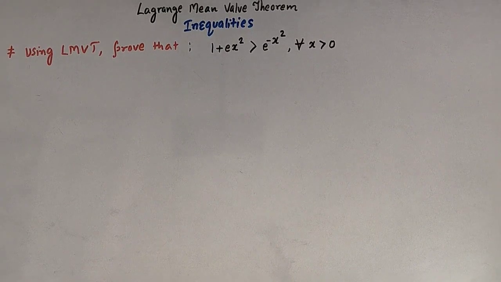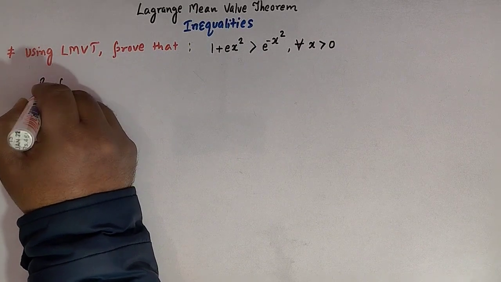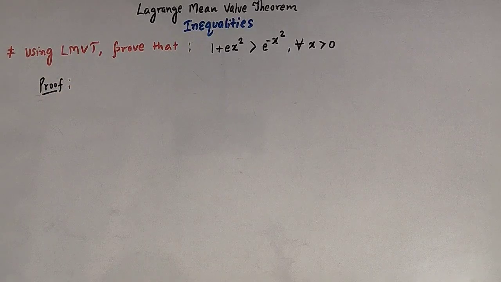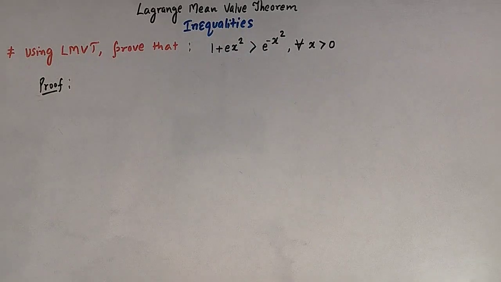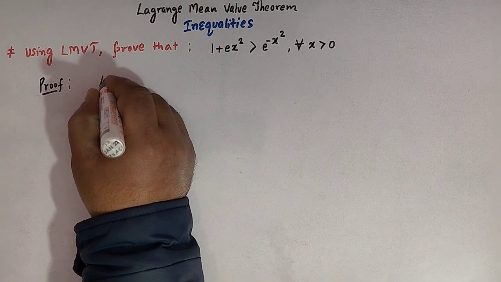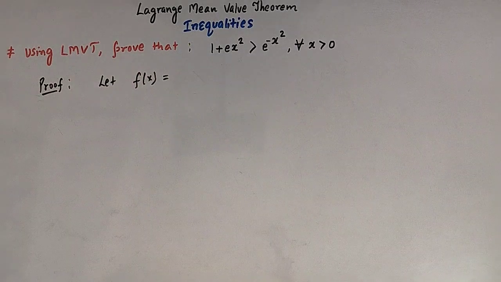Now let us prove this inequality by using the mean value theorem. Let us first suppose an appropriate function. In order to prove this inequality, we'll take an appropriate function to which we'll apply the Lagrange's mean value theorem.